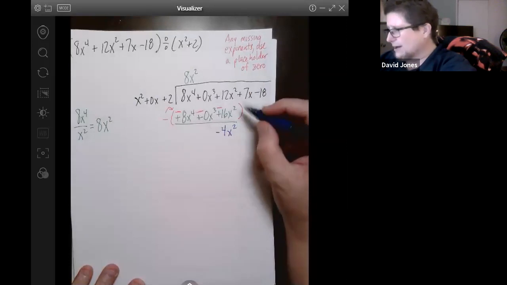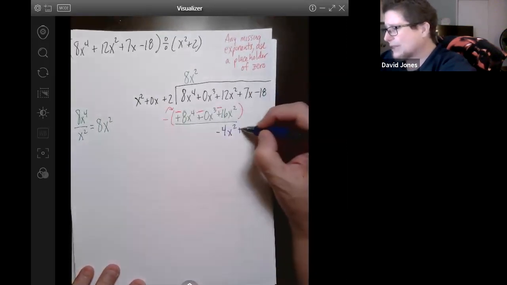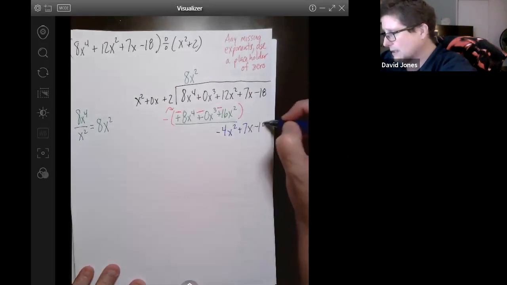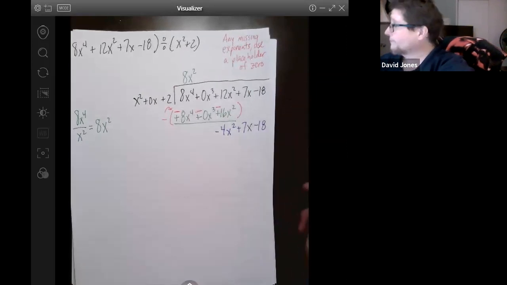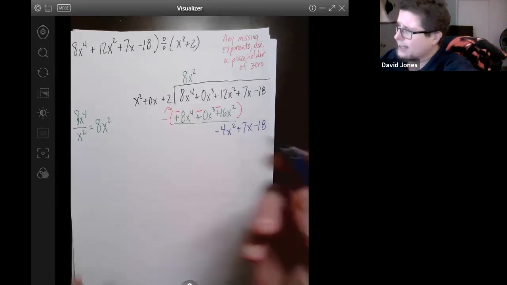And now it looks like I used 3 terms last time, so I'm going to bring it down so I've got 3 terms. And we'll do the process again.